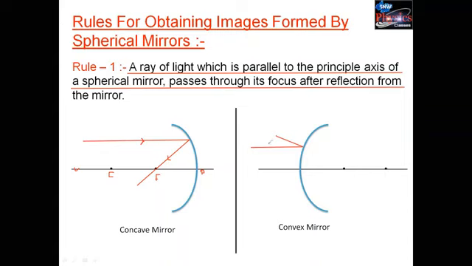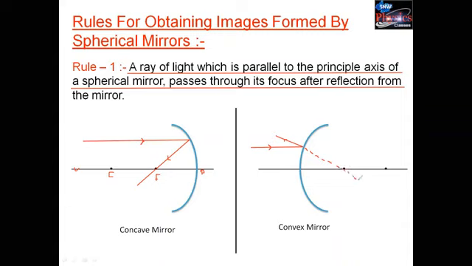As I previously mentioned, it is a diverging mirror and the light really does not pass through the focus. It appears to be passing like this. So we will draw a dotted line here so that we can show that it appears to be passing through the focus.